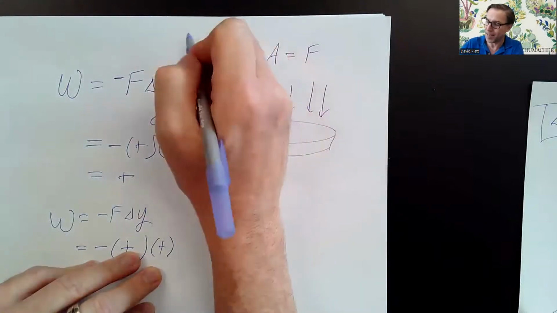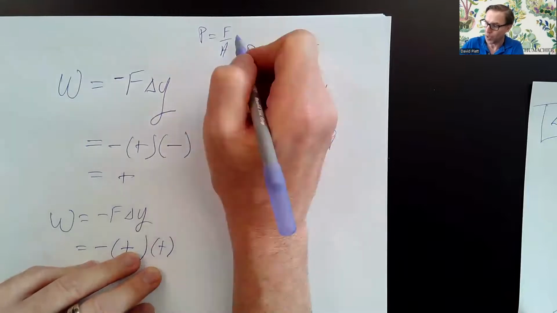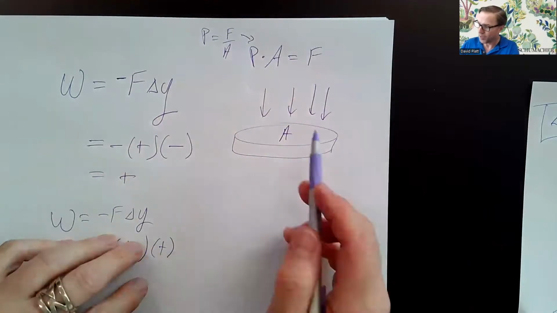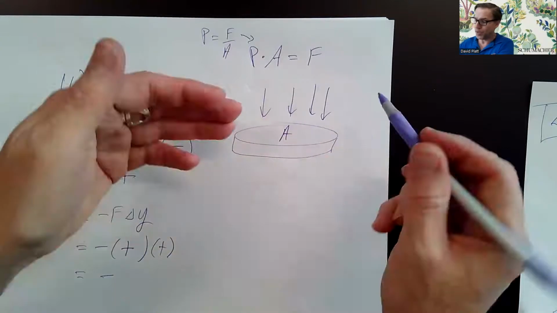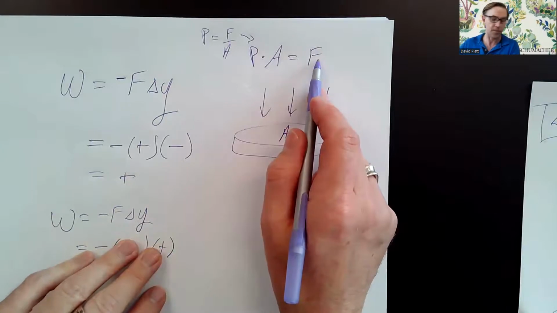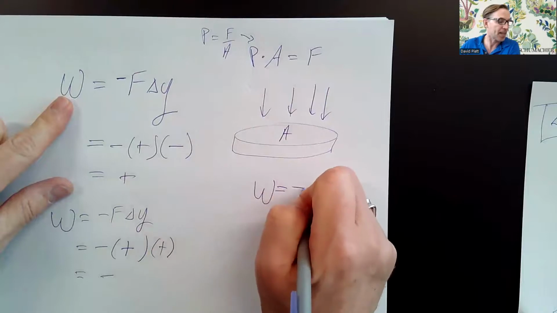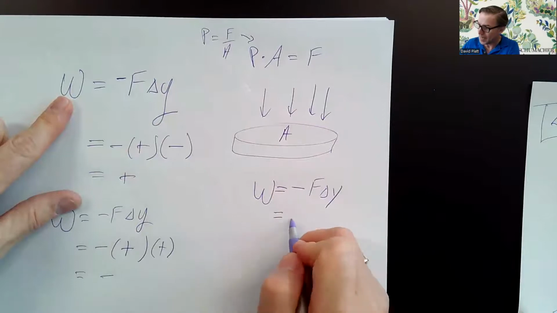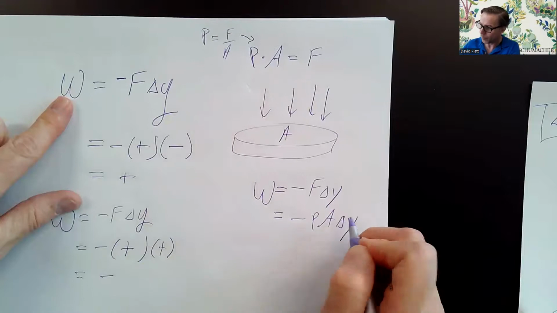Pressure is defined as force per area, the number of newtons per square meter. So pressure times area equals force. These little arrows represent forces, not pressure. Whatever the pressure is outside times the area is equal to F, the force exerted. So this equation, work equals negative F delta Y, I just rewrote it. Instead of F, I can write negative P A delta Y.